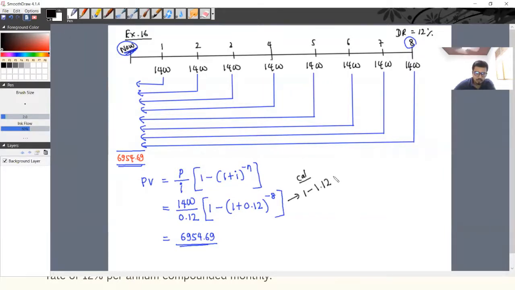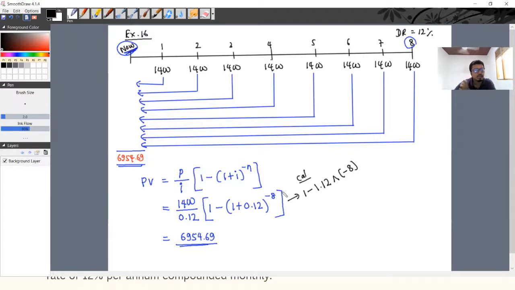1.12 to the power, open brackets, within the bracket you need to give minus 8. If you don't give it within the brackets, the cal will assume to the power minus 1 into 8, which is not what we want.